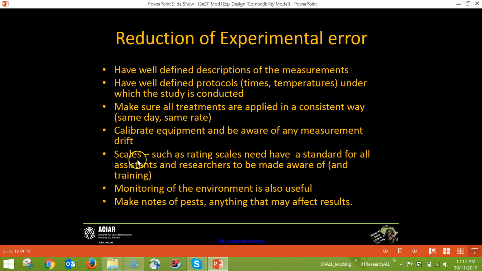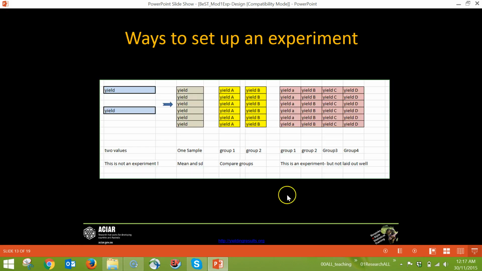We want to look at our scales, such as rating scales that we might use, make sure we've standardized them for all our assistants and researchers, and we might have to train them. We have to also think about monitoring of the environment, which might be useful, and we should also make notes and comments on our field plans for anything such as pests that may affect our results.